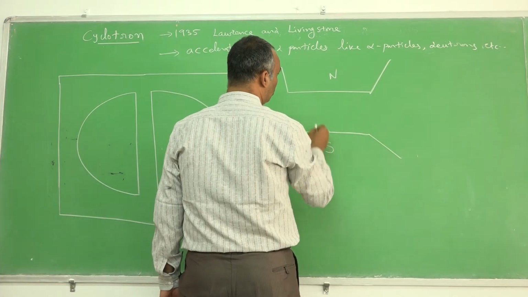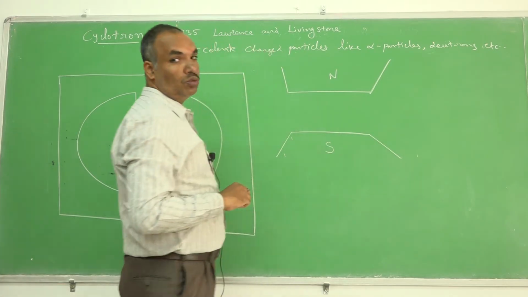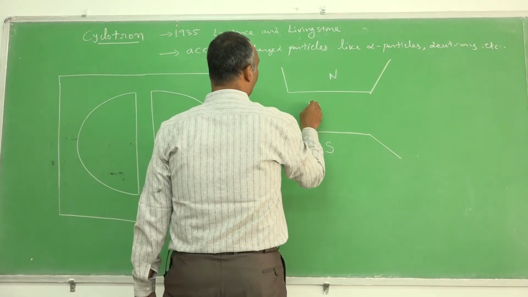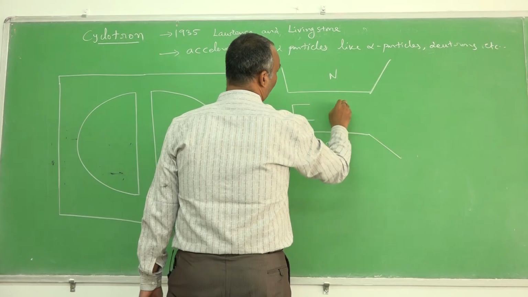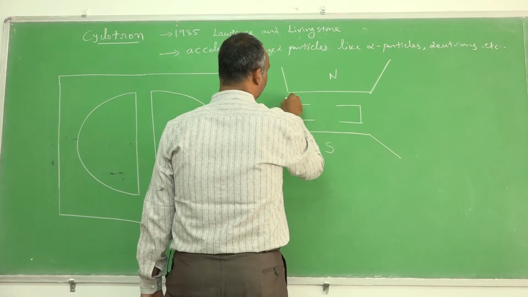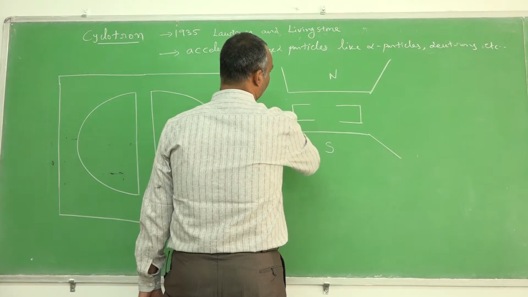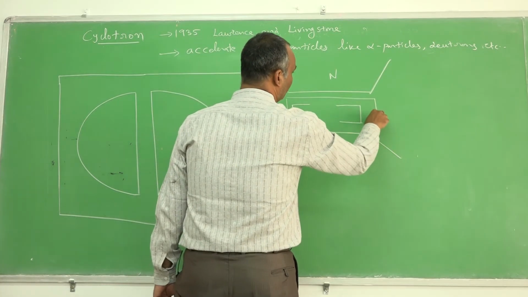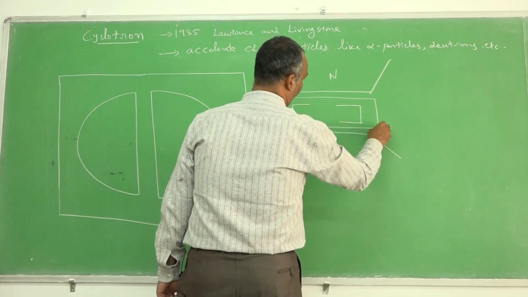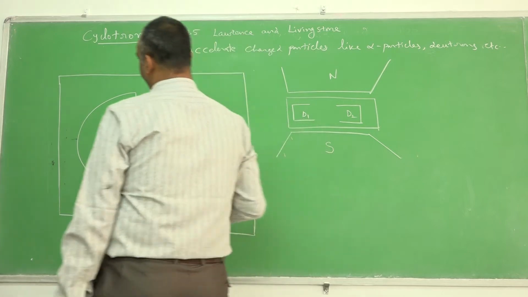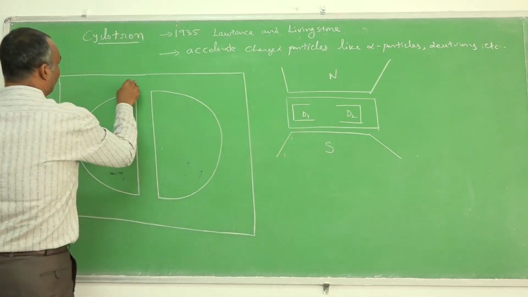In between these two strong magnetic poles, the arrangement can be viewed vertically like this. These two D's are kept in a chamber. This is D1, this is D2.